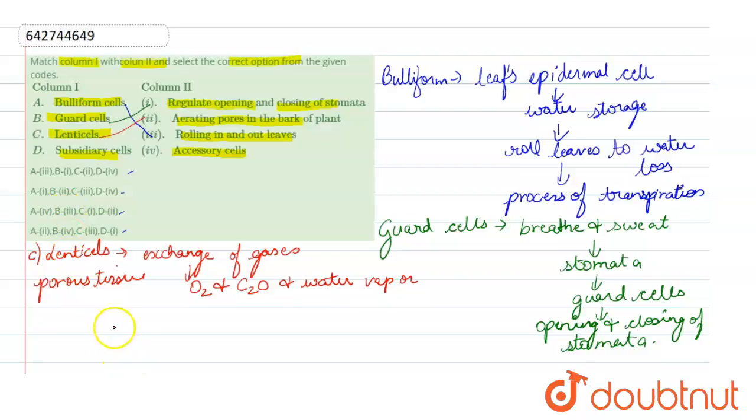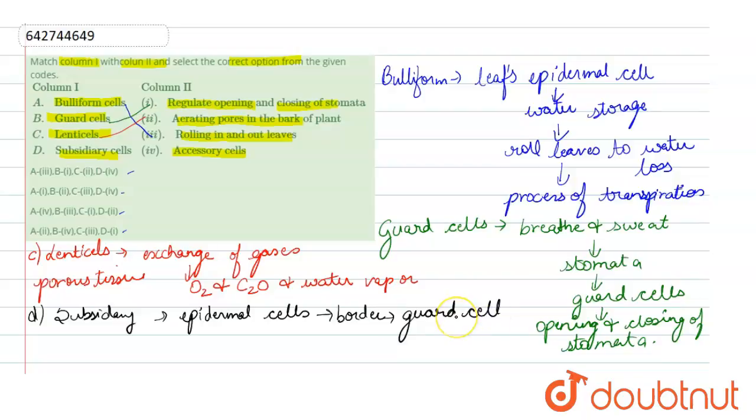When we talk about the subsidiary cell, now what are the subsidiary cells? These are basically the epidermal cells that border or protect the guard cell.